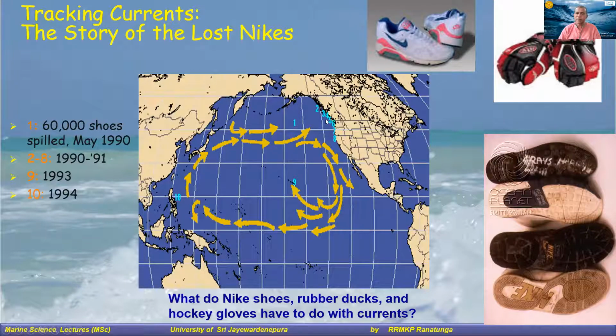In time they noticed that shoes were found in different locations, like 1, 2, 3, 4. They monitored for several years, about 4 years, what happened to these shoes. They recovered the shoes from different locations, and even after 4 years, they were noticed from here.